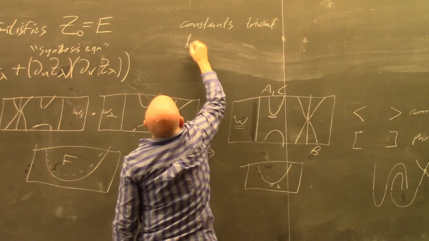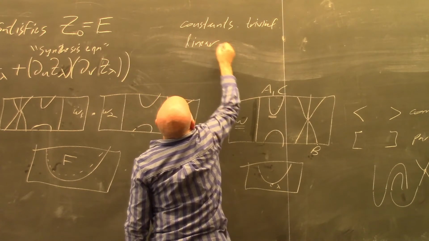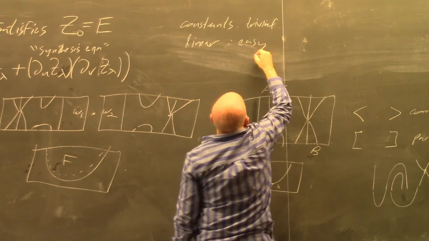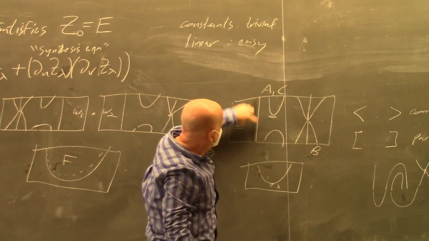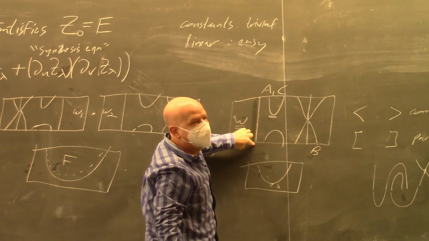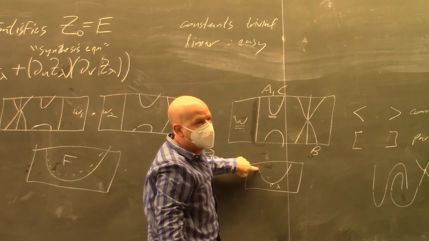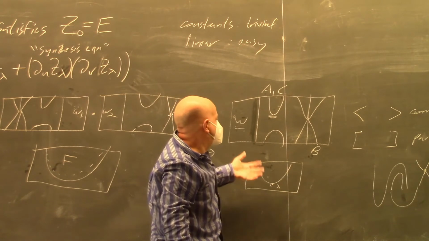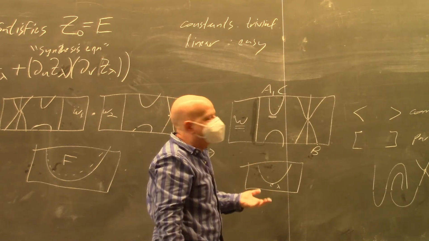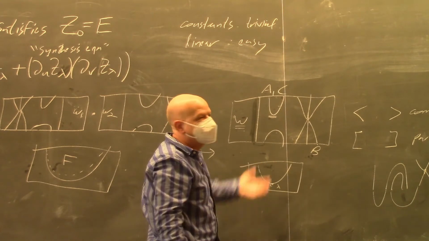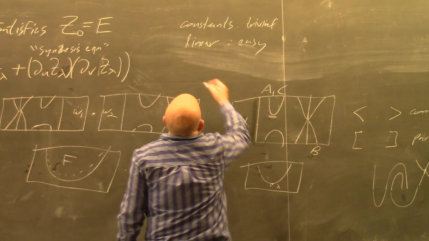As we will see in a moment, linear is easy. Basically, if you have just linear terms, there is only one thing they can be glued to, and then there is not much iteration that could happen. No iteration can happen. So quadratic.